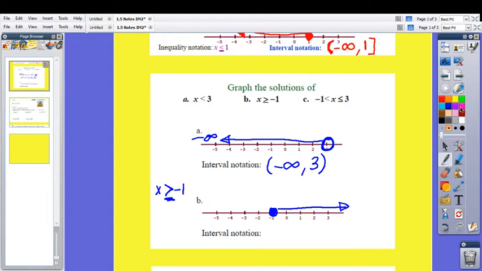Now interval notation, our left endpoint is -1 and our right endpoint is positive infinity. So there is no end to infinity. So again parentheses, this one is part of the solution, so you will put a bracket for it.